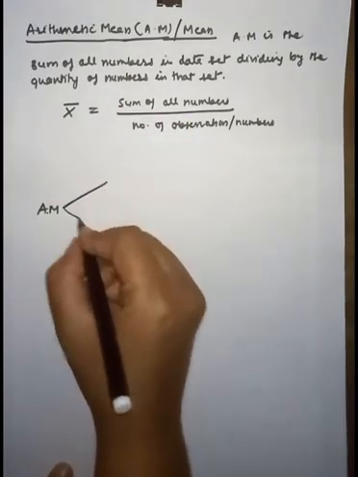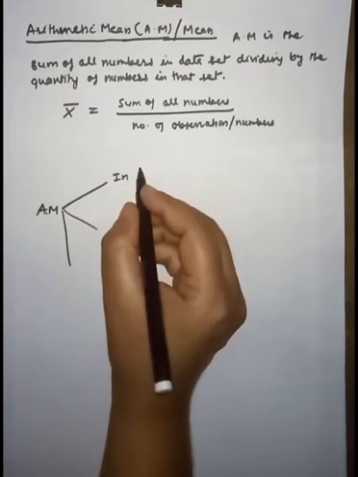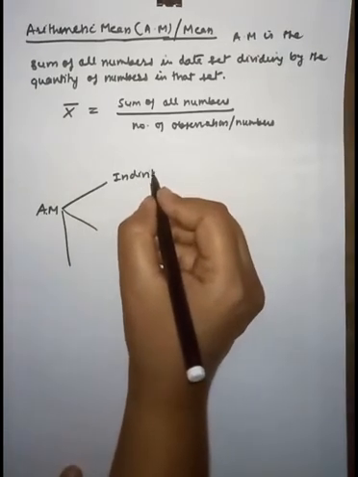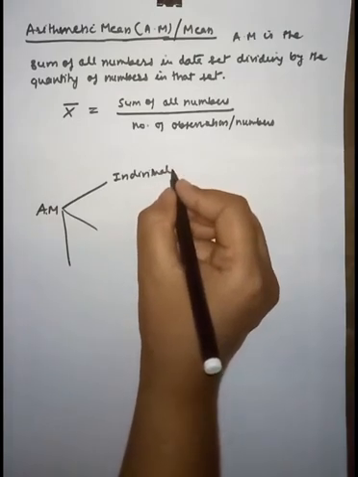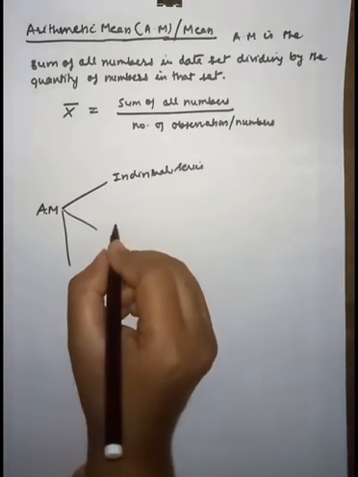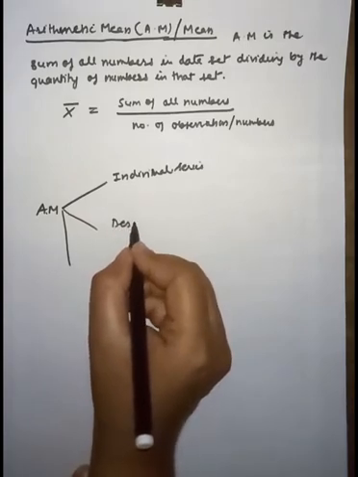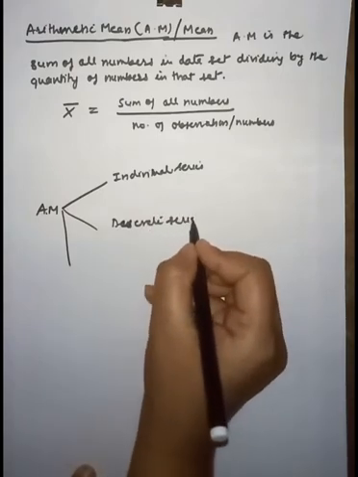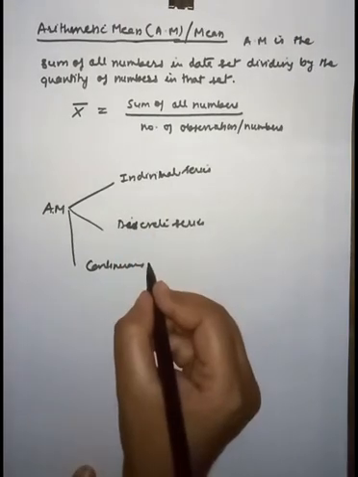So we know the three series are individual series, and here I write the discrete series, and this is a continuous series.